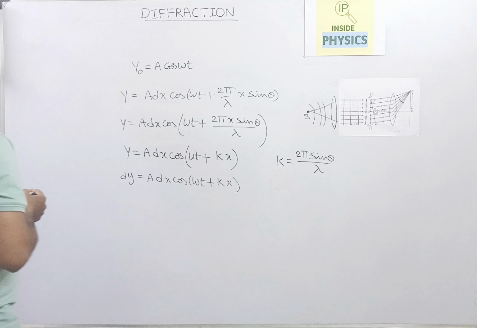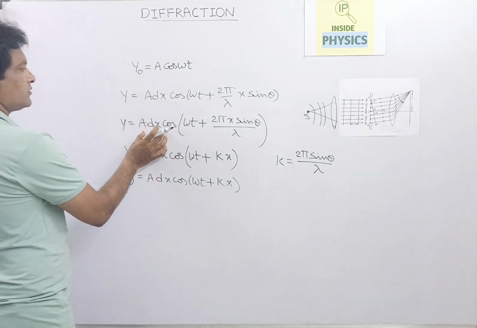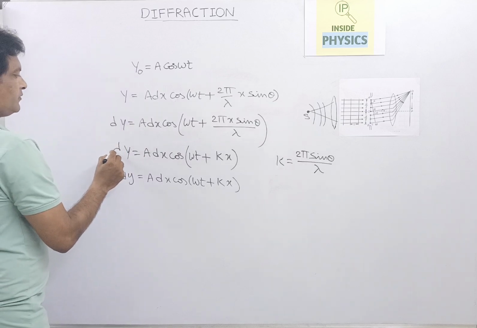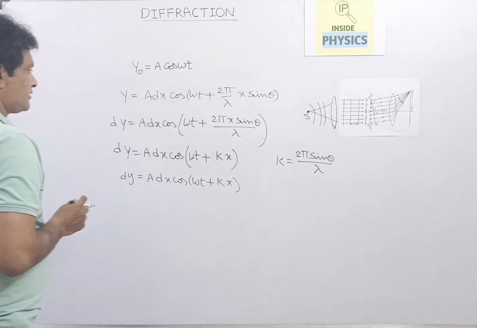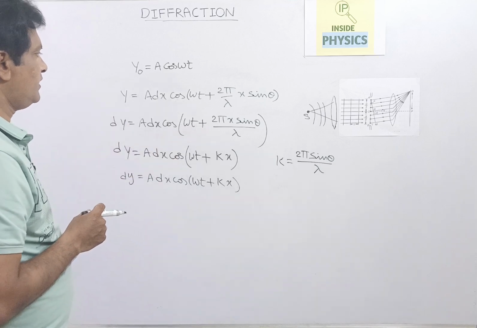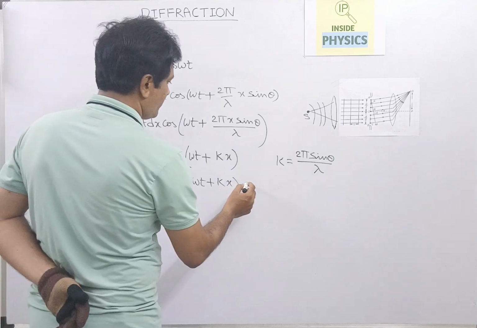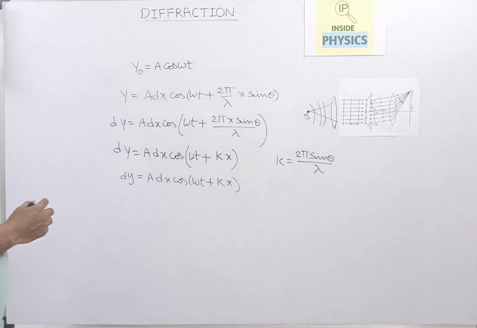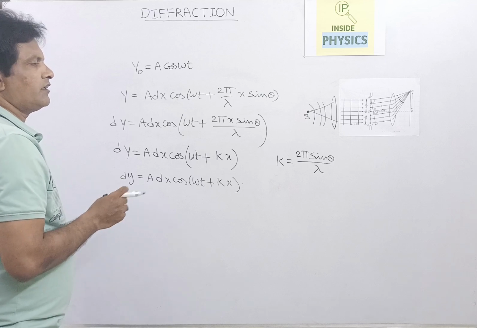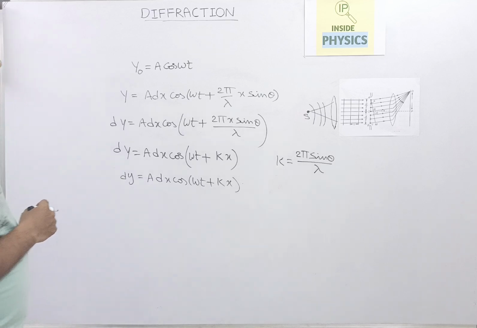After substituting the small amplitude, the wave is coming out of the slit width dx, even in that case we can consider the disturbance as dy is equal to A dx cos(omega t plus kx). With this equation, by integrating between the limits minus d by 2 to d by 2, we can get the total resultant disturbance by all the waves at Q.